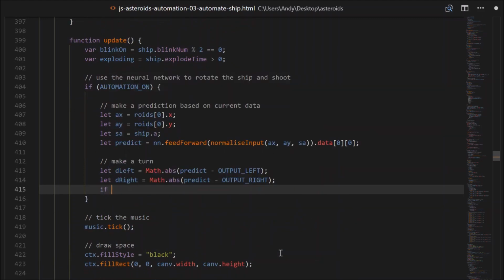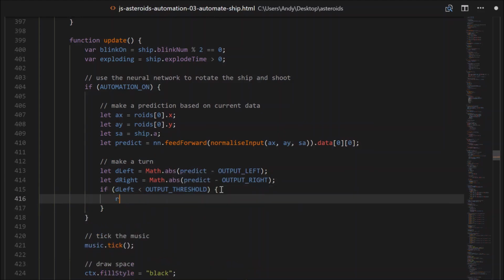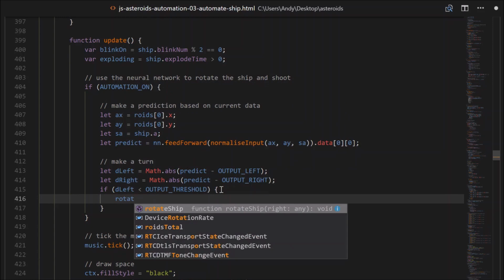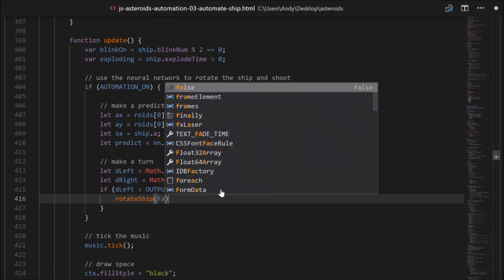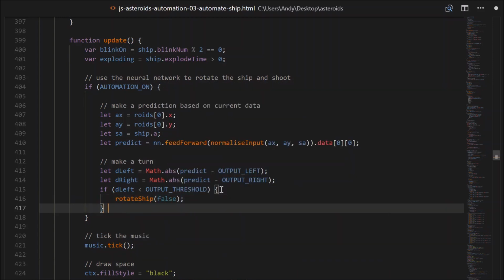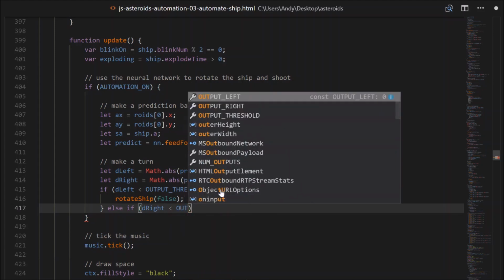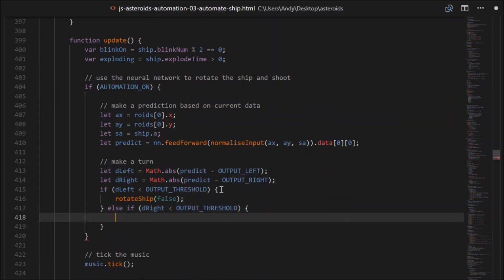Okay. So if delta left is less than our output threshold, so if it's less than 0.25 or whatever value we choose to set it at, then we wish to rotate left. Rotate ship. Now left is just false. Else if delta right is less than the output threshold, then we will rotate the ship right, which is true.